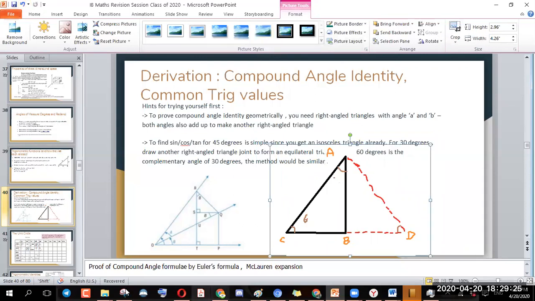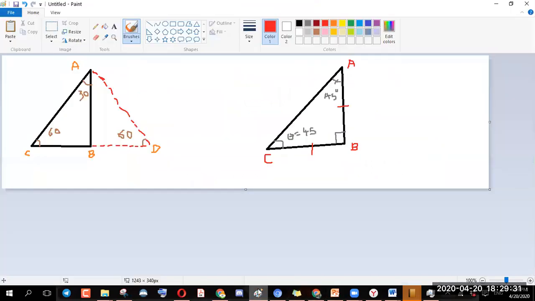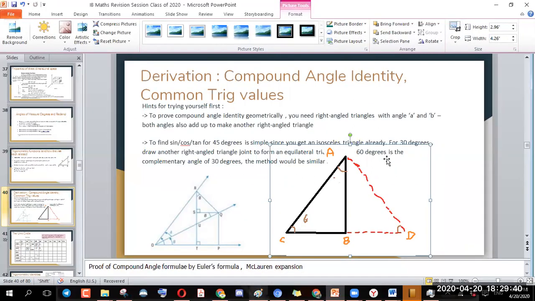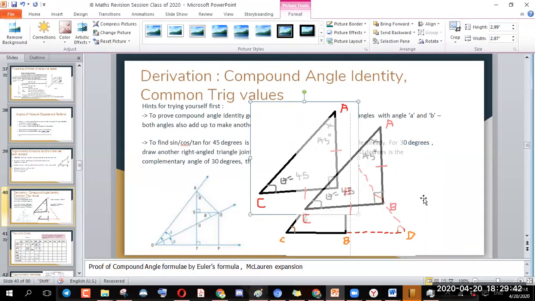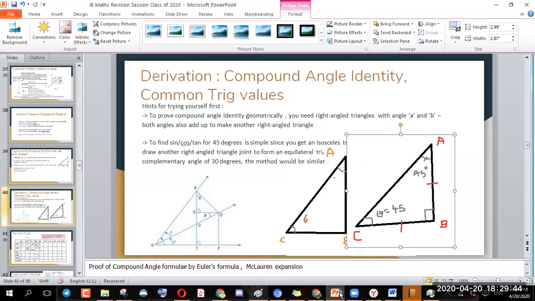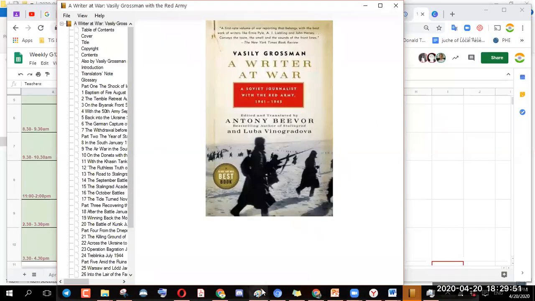I'm just going to paste the pictures on, and the animations, which I will do later, will help you. Control C, Control V. Wait, where is 60 degrees over here? Okay, MS Paint is over here.